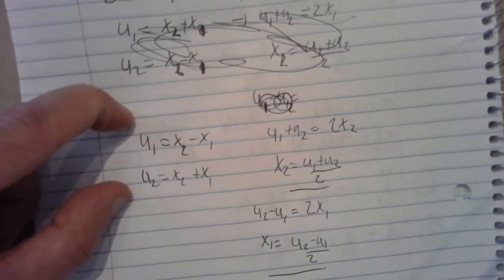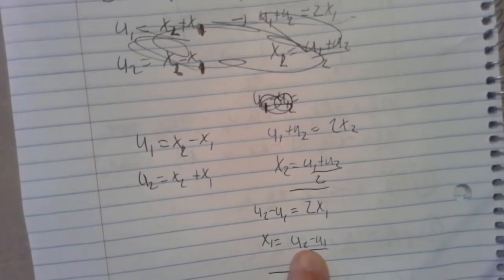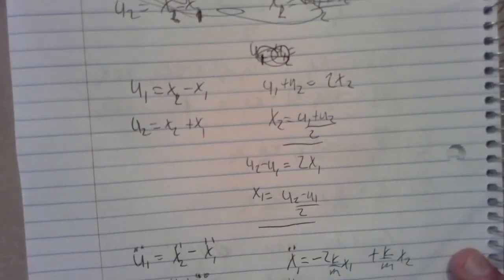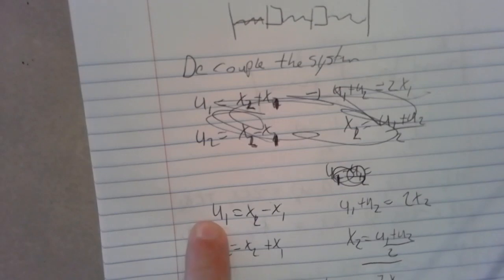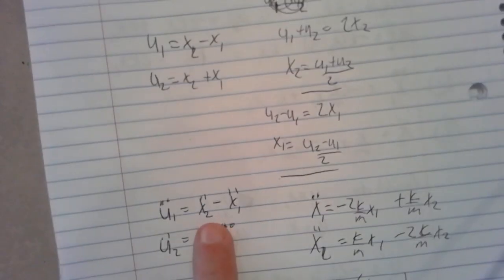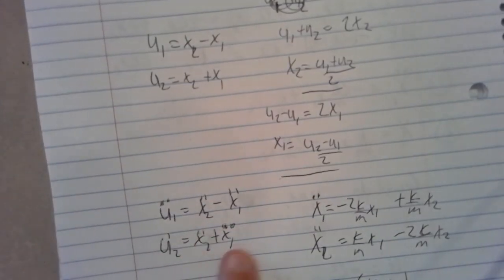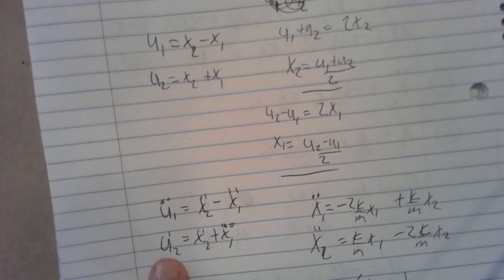Similarly, if I subtract the equations, I get x1 is u2 minus u1, over 2. Notice, by the way, if I just take two derivatives straight across, u1 double dot would be x2 double dot minus x1 double dot, and similarly for u2 double dot.